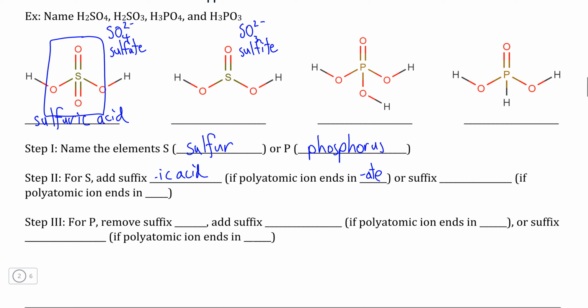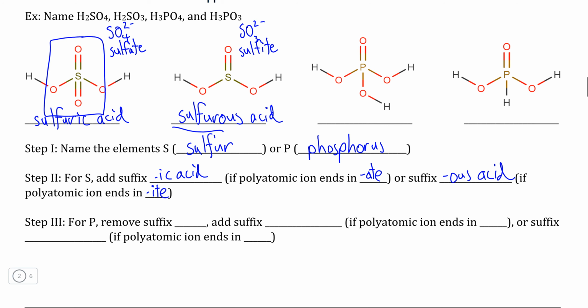So if our polyatomic ion ends in ITE, we don't replace anything, but add the suffix OUS acid onto it, so this acid would not be sulfus acid, as I very nearly wrote here, but would be sulfurous acid, as the name sulfur takes the root of the name that we write here.